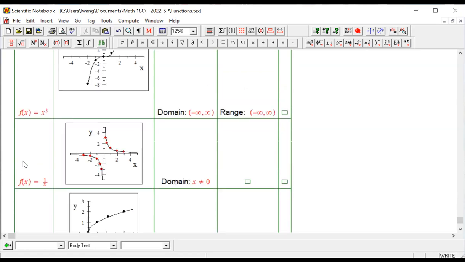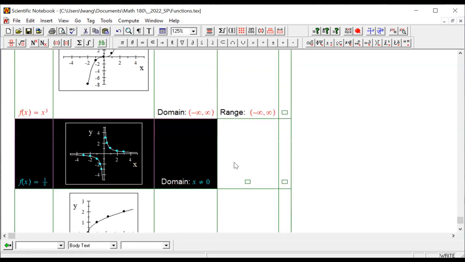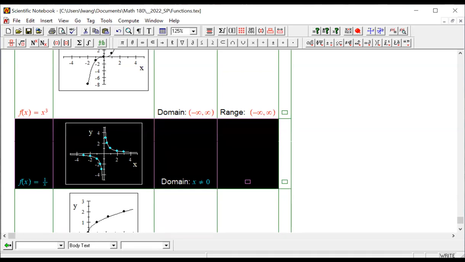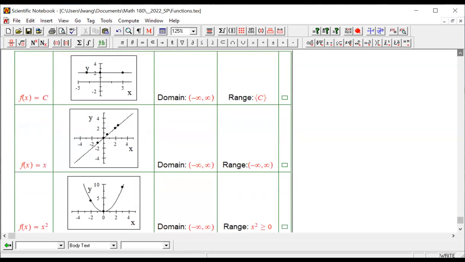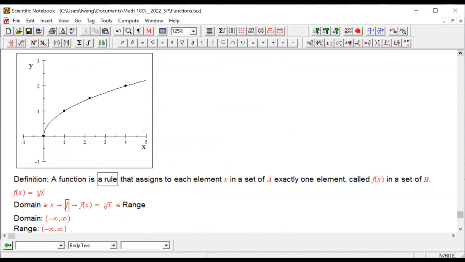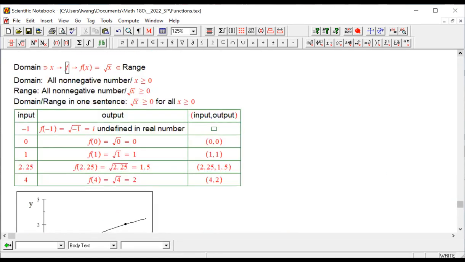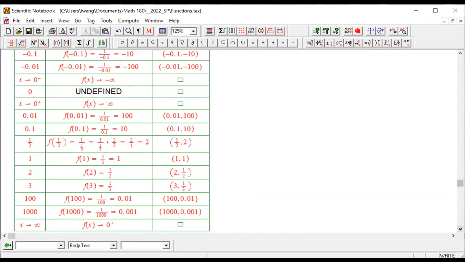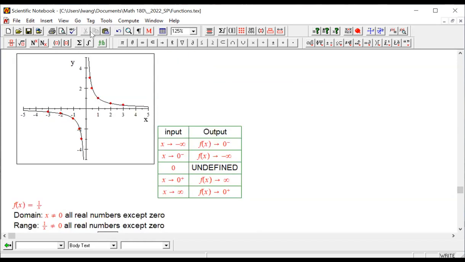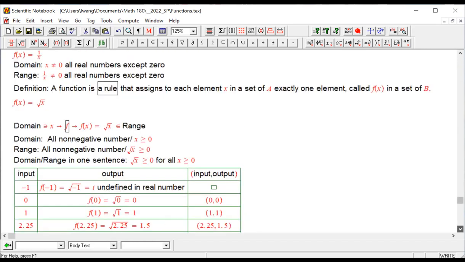This function is very special, very, very useful. And remember, we have that amazing summary done before. And we don't want that to be lost.